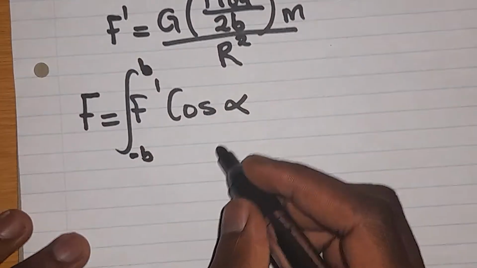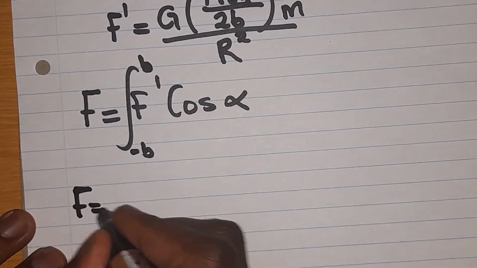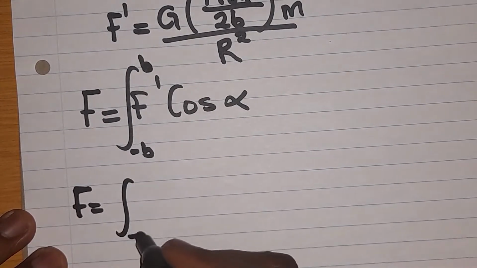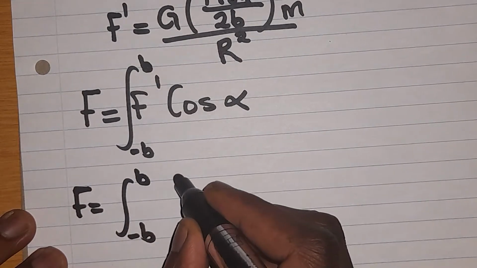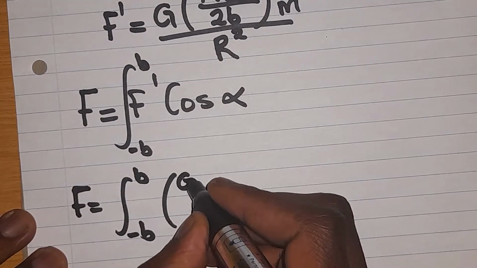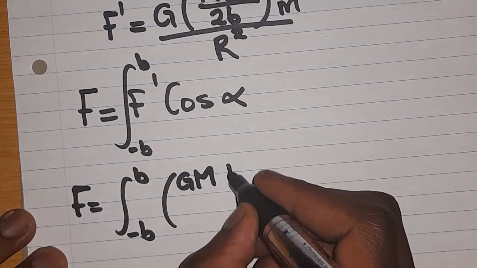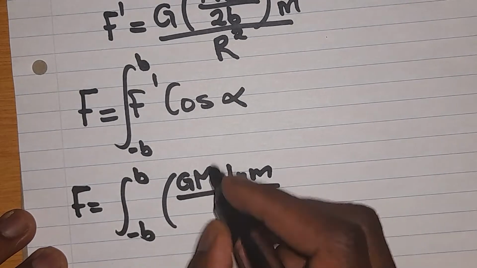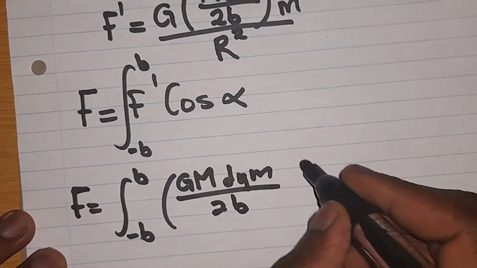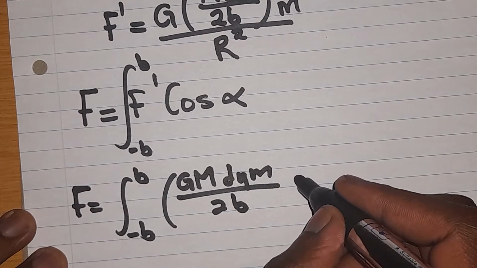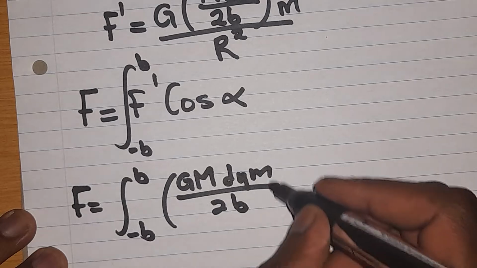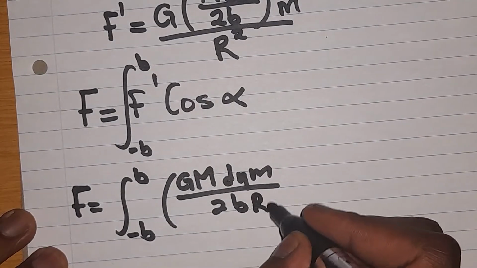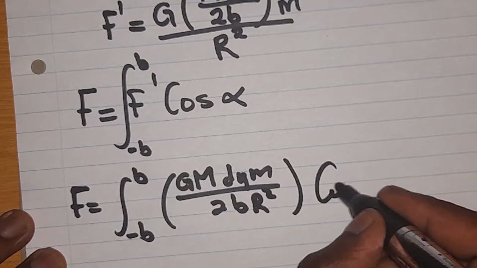If we substitute for our F prime, we'll have F equals the integral from negative b to positive b of G capital M dy small m, all over 2b r squared, cos alpha.